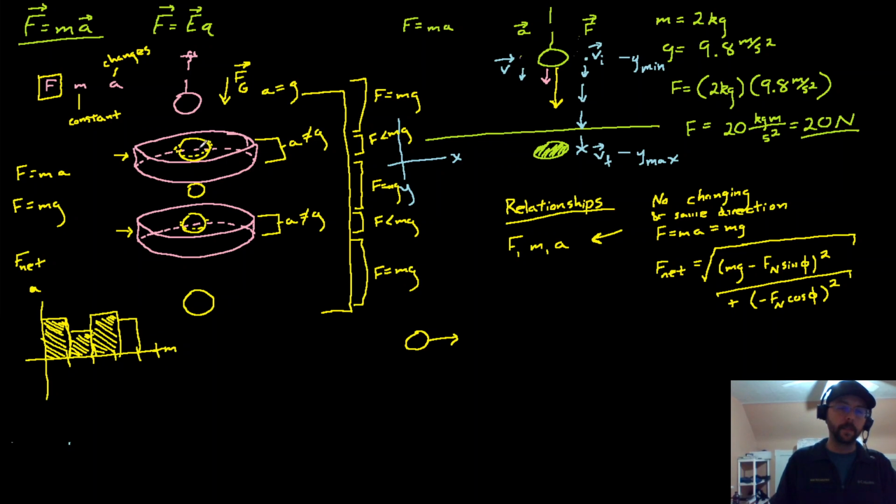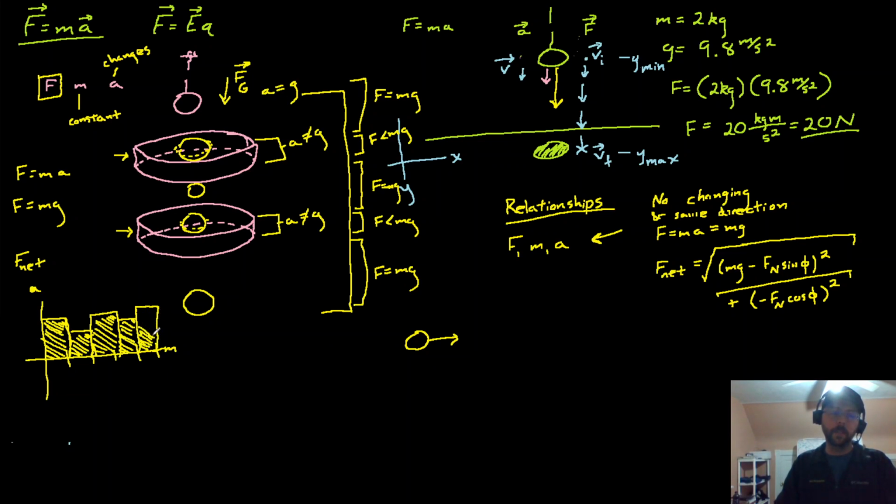The acceleration through the first tub is slower than the acceleration through the second tub. So that's what this rectangle represents. And then the last rectangle is going to be the same as the first one.